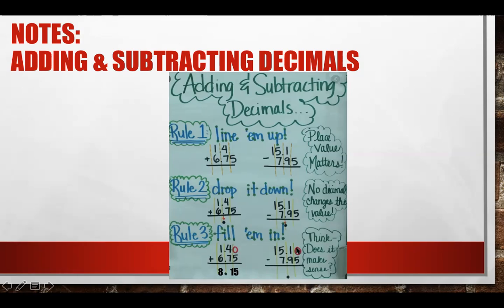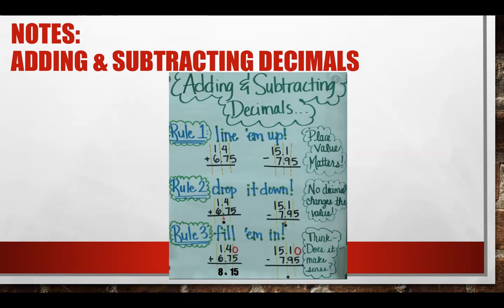On this side, I'll subtract. So I cannot take 5 from 0, so I have to borrow. Then this becomes 10, and 10 minus 5 is 5.